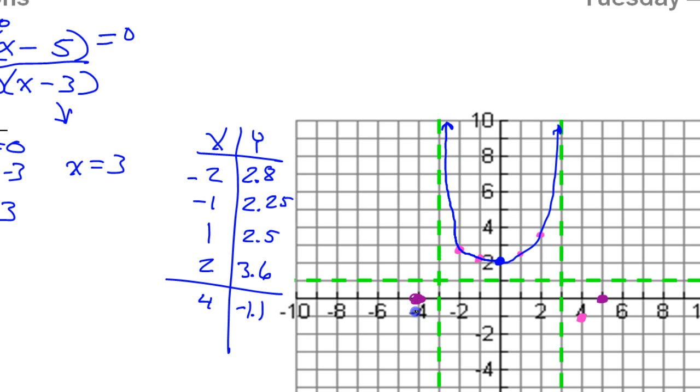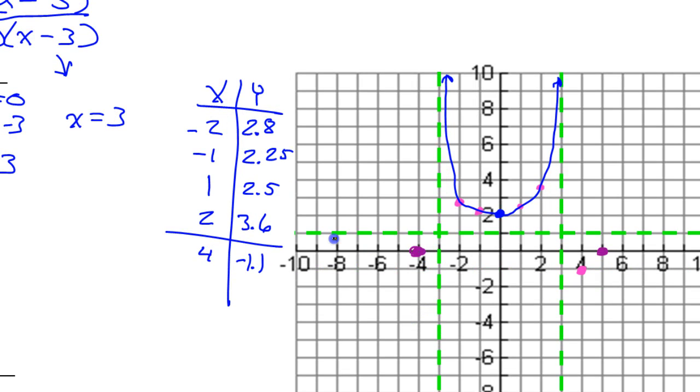It's always got to curve toward those asymptotes. And then we have some branches over here. It's going to be doing this type of thing, and it's going to be doing this type of thing. So your graph should look a lot like this.